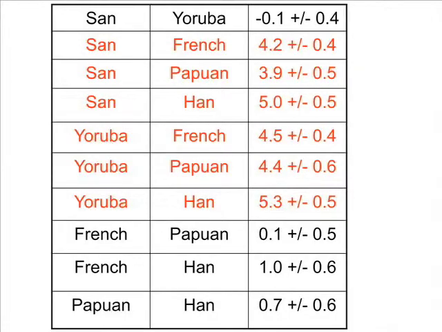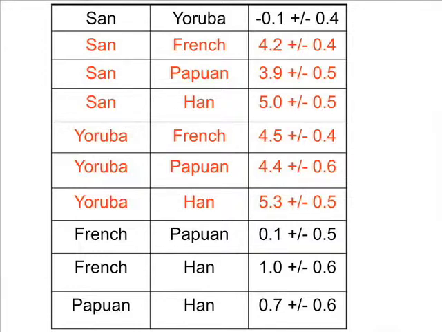The observation was that that was often not the case. If we compared the two African samples, the South African and West African, it was statistically indistinguishable from 50-50. Likewise, if we compare any two non-Africans, the French and Papuan, or French and Chinese, or Papuan and Chinese, it was also statistically indistinguishable from 50-50. The Neanderthal matched one or the other half the time.